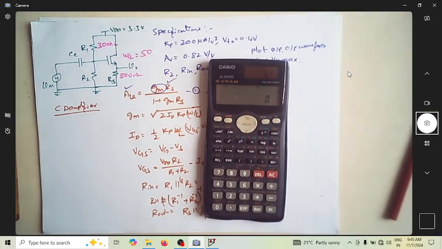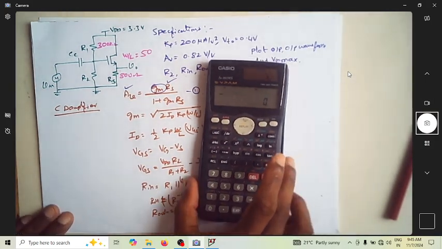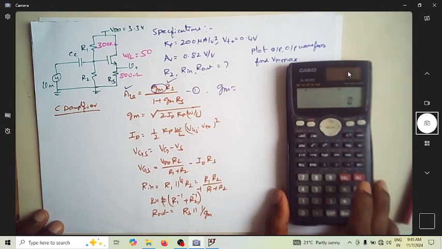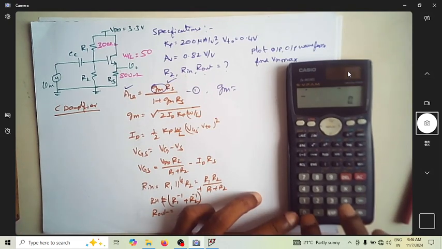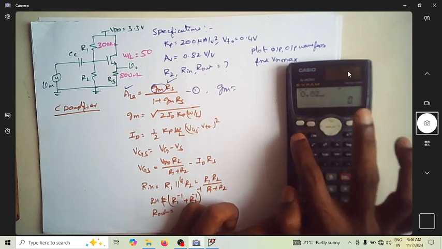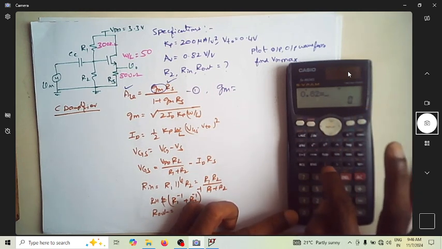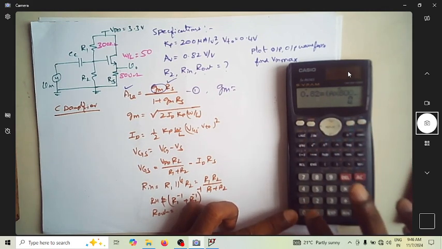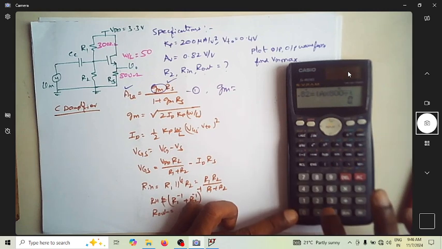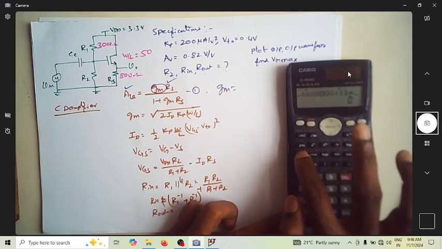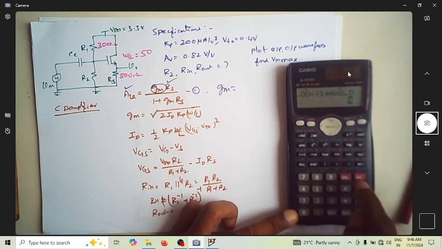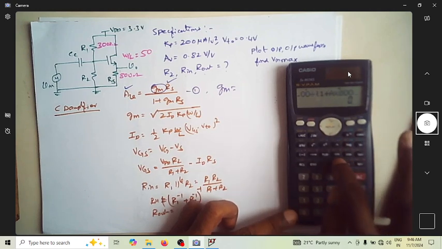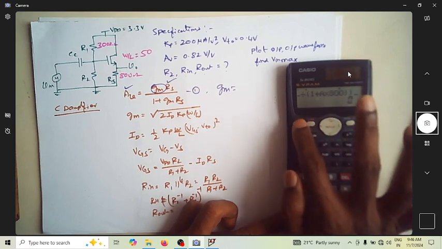Is this fine? Okay, let me just put this in position. So now it is 0.82 equals, open the parenthesis, it is GM into 800 divided by, open the parenthesis, 1 plus GM into 800, close the parenthesis, shift solve.